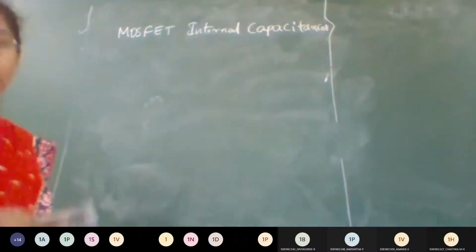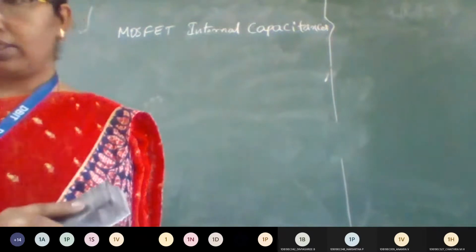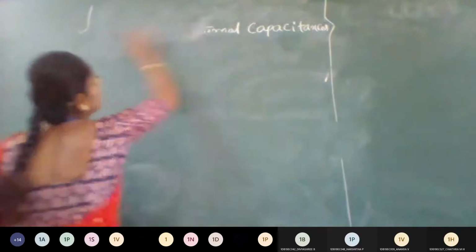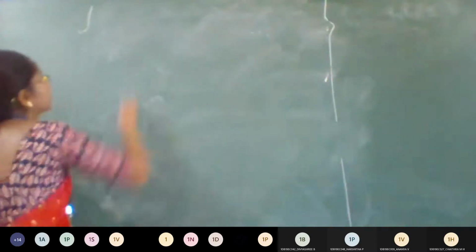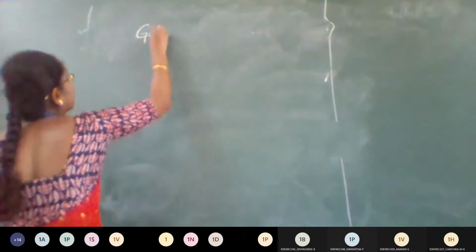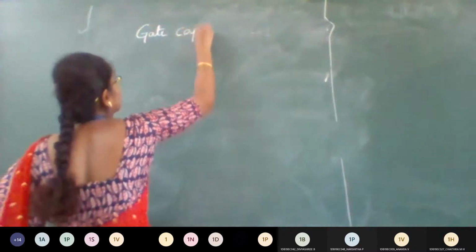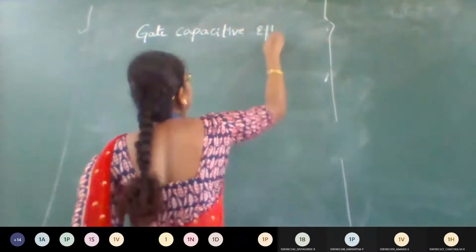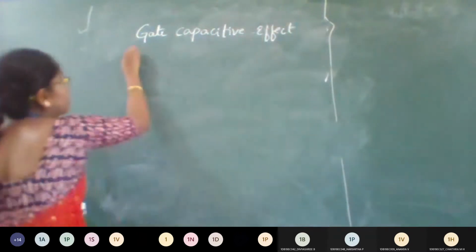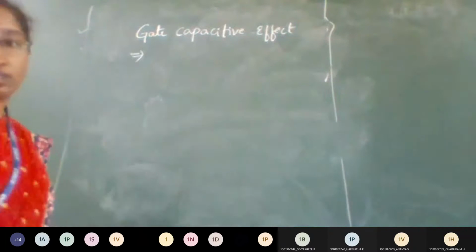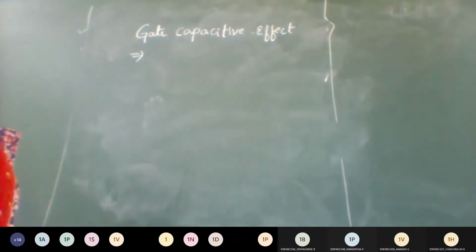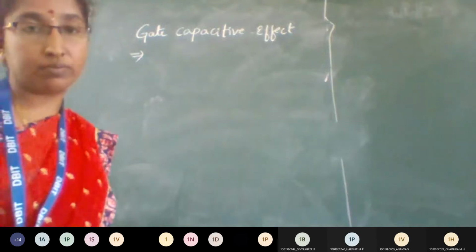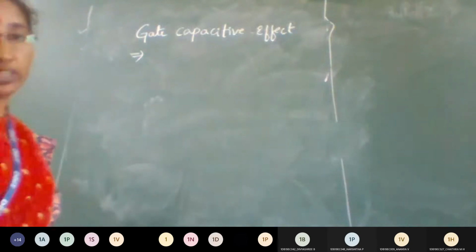Okay, let me take the first one, gate capacitive effect. Region wise, we are going to find out what the CGS and CGD values are, and CGB, gate body.